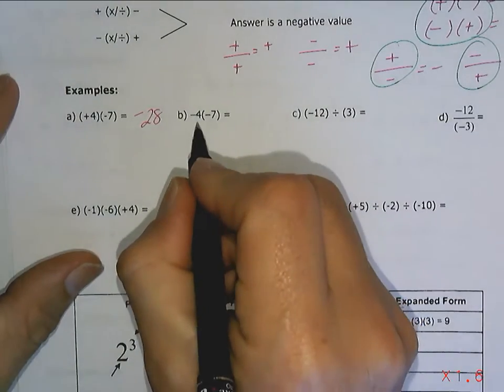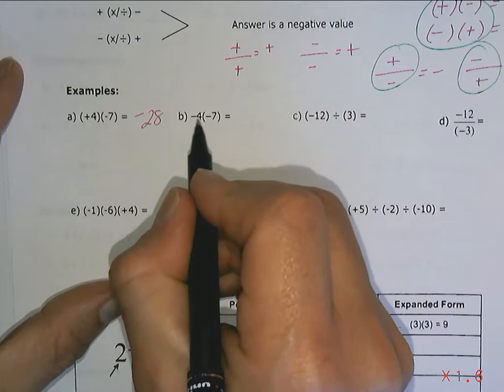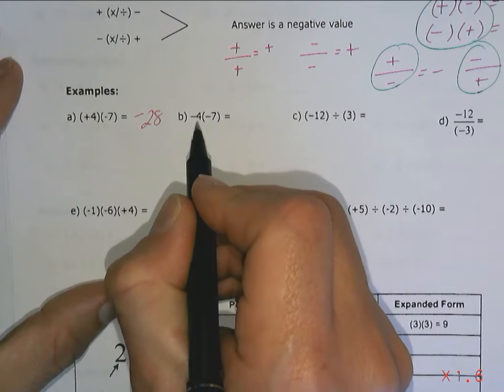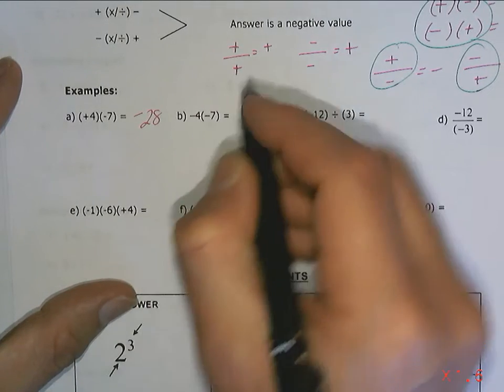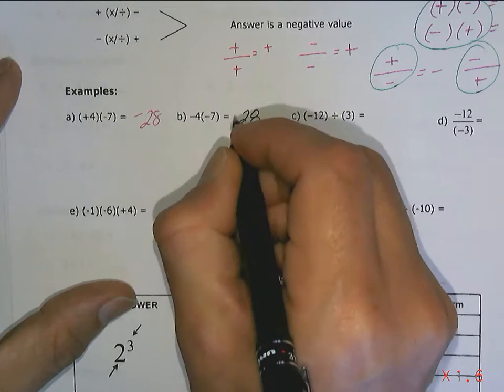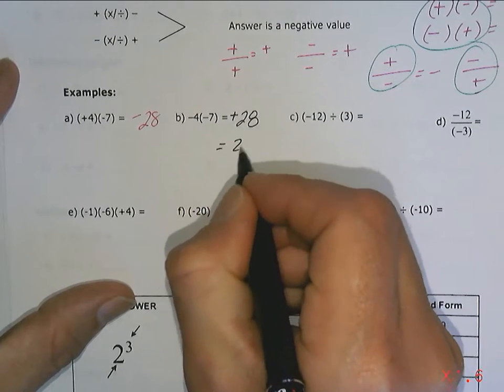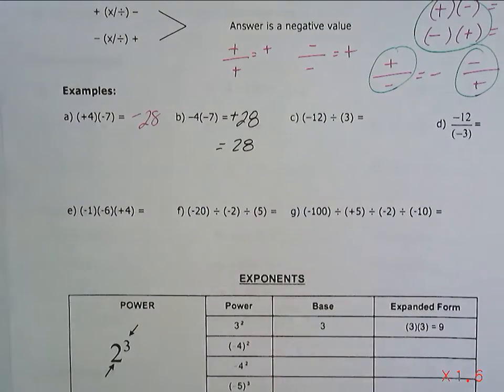So this is a negative 4 times a 7. We don't need the brackets around the negative 4 if it's in front. So it's 4 times 7, which is 28. But it's negative times negative, which is positive. So we can put the positive sign, or it's understood to be positive if I don't have a sign there.